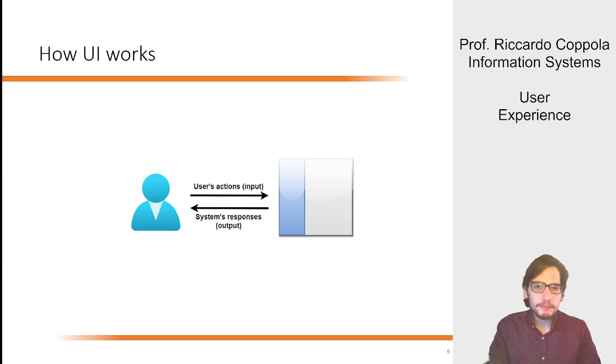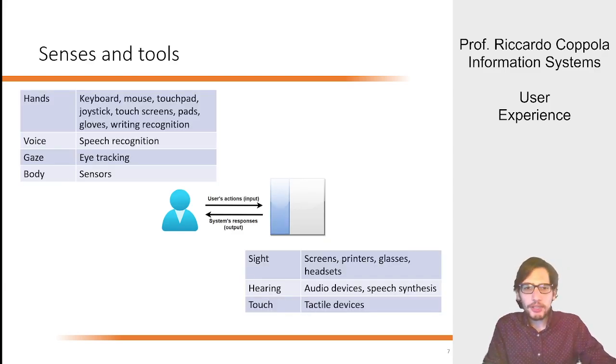And then, on the other hand, we have the system creating outputs, so answers to the system input. There are many different ways in which we can provide this interaction.